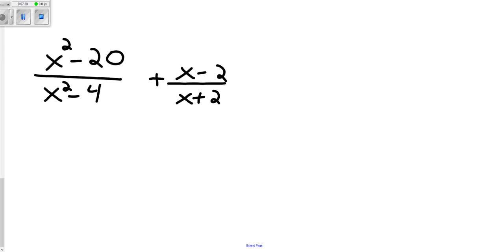You can factor x squared minus 4, a difference of squares: x minus 2, x plus 2. With these ones, now that it's a little more complicated, factor everything as much as you can first. X squared minus 20, I can't do anything with that, so that just stays as it is. X squared minus 4, that's a difference of squares.